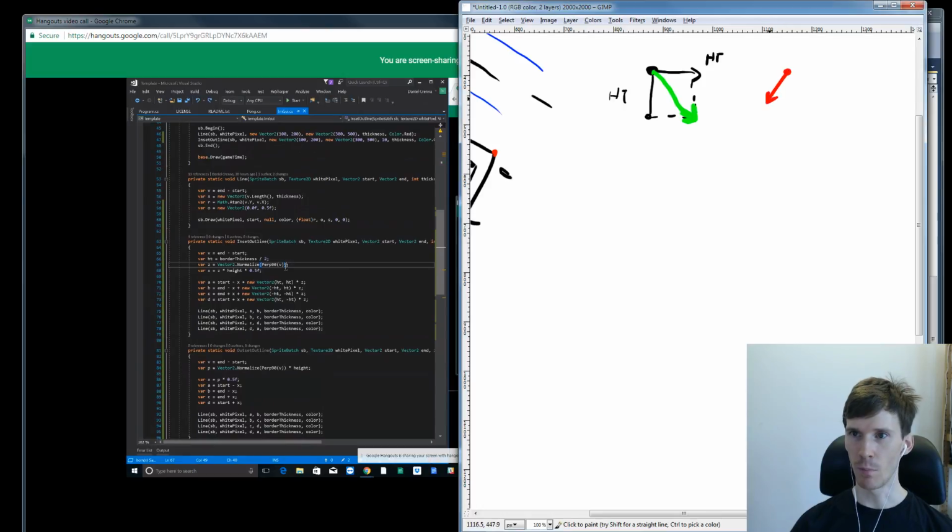And what you're doing is multiplying x and y with this one's x and y. So it's whatever half thickness is. So you end up with a vector going, I guess, in the same direction because these are the same.